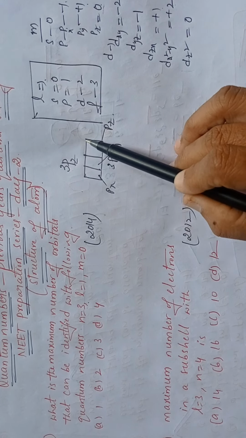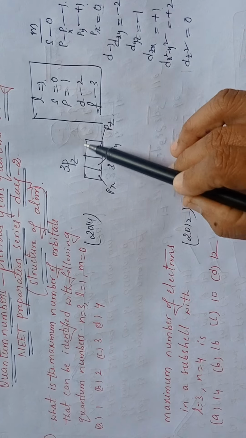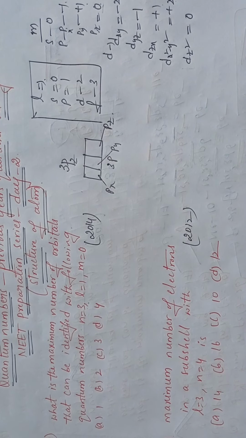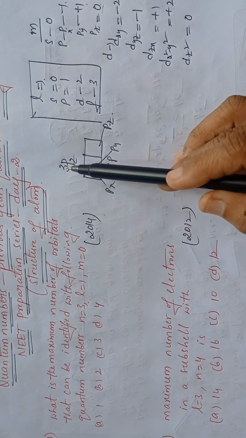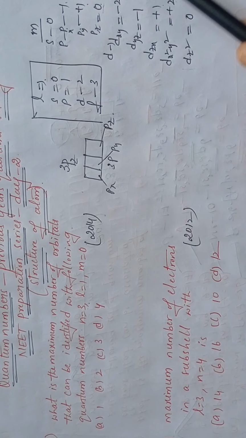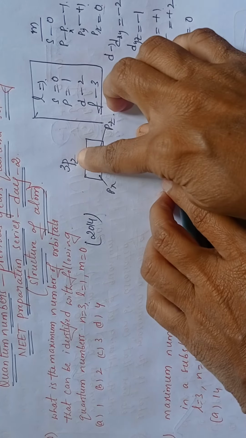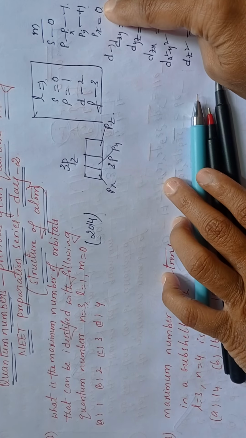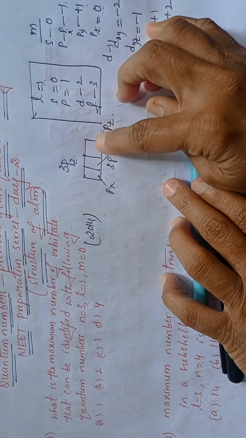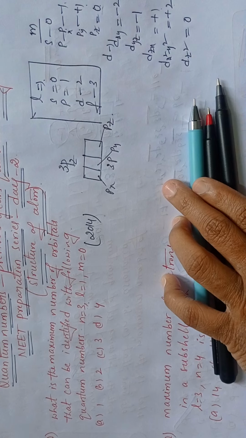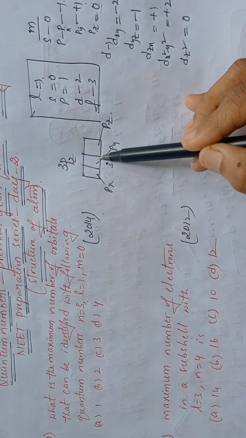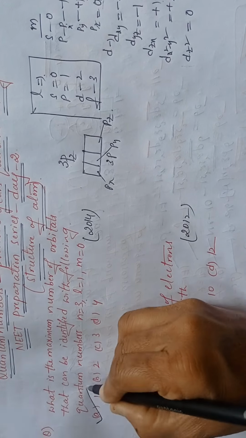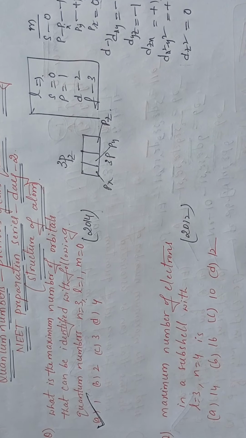Please don't confuse, students. Here the m value is also given. The m value is for pz, so that means only one orbital is possible. Understood? So only one orbital is possible, students. So option A is the correct answer.